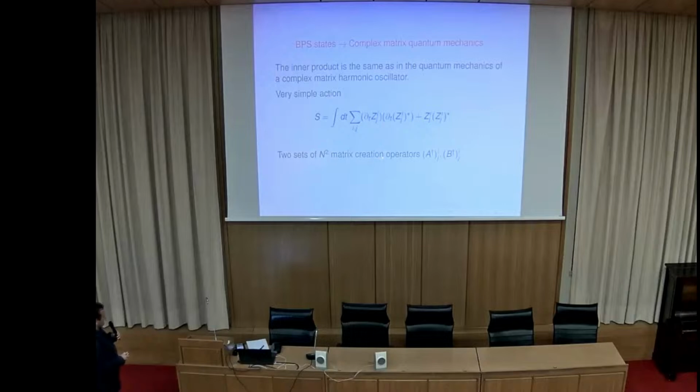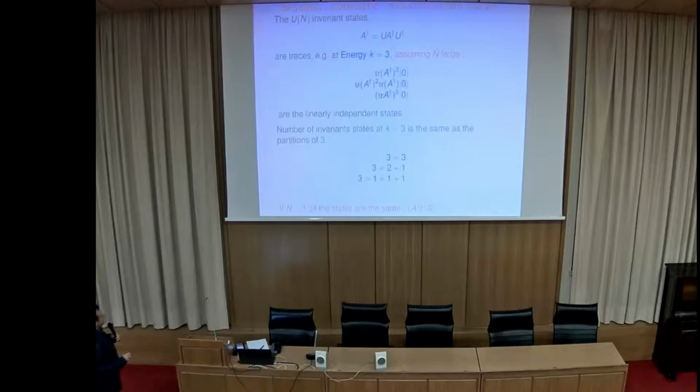Because it's a complex matrix, you have 2 oscillators, A dagger and B dagger, and the half BPS sector of holomorphic matrices, holomorphic functions, corresponds to taking just states related to one of these oscillators.